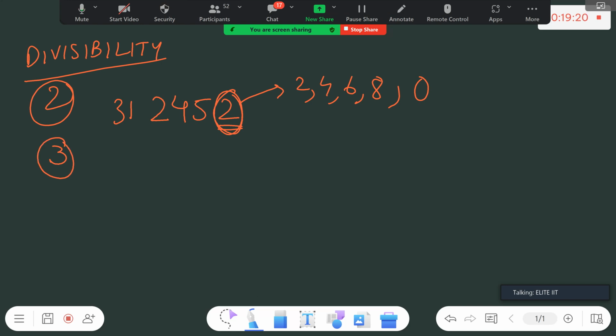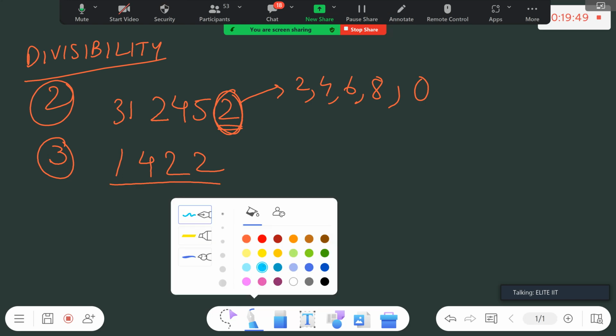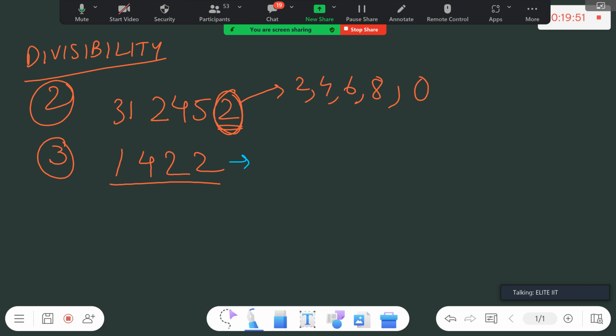What about 3? If the sum of the digits of your number is divisible by 3, then your entire number will be divisible by 3. For example, if I take the number 1422, find out the sum of the digits: 1 plus 4 plus 2 plus 2 will give you 9.